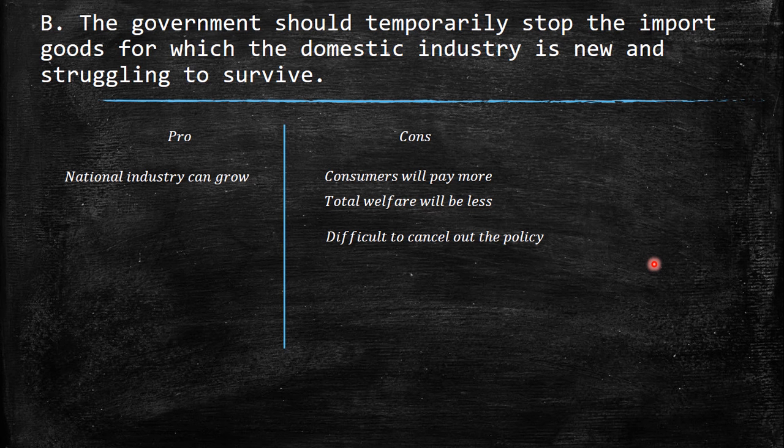As you know, when there is protection of one industry, once the government wants to cancel out this policy, it could cause a lot of problems, because in some way the industry association has to defend the national industry, so it could be so hard to cancel out this policy of stopping the import goods.